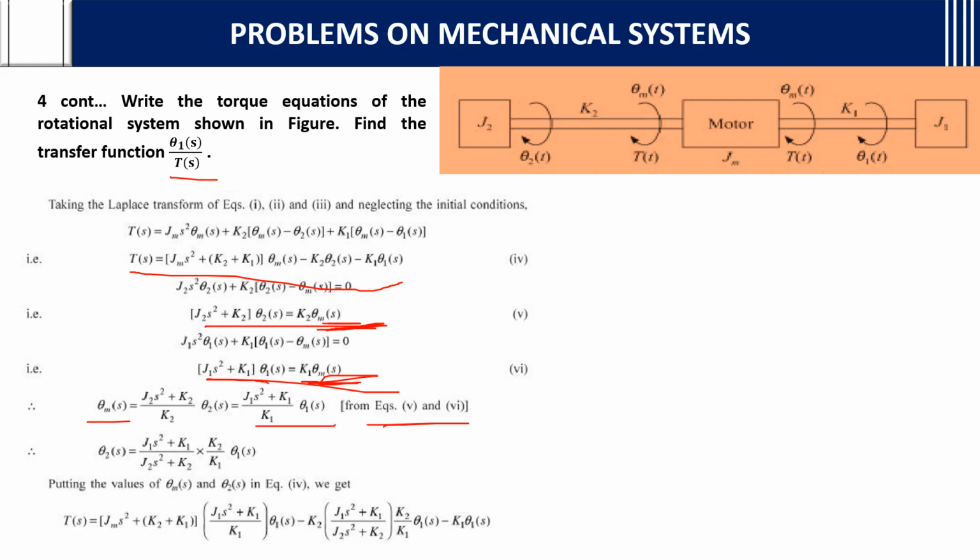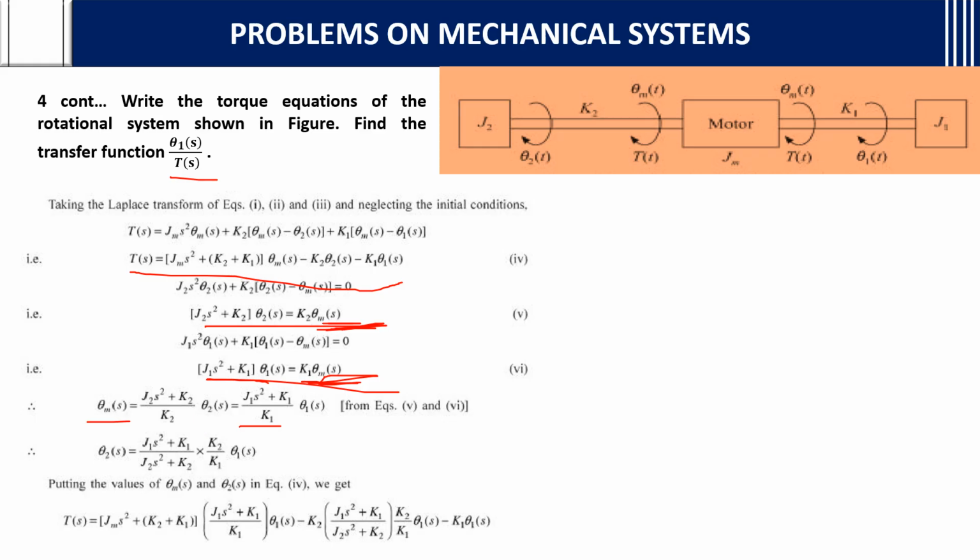So both equations are theta m of S only, equal to theta m of S only. From this you can see theta 2 of S can be written as J1 s square plus K1 by K1 into K2 by J2 s square plus K2.